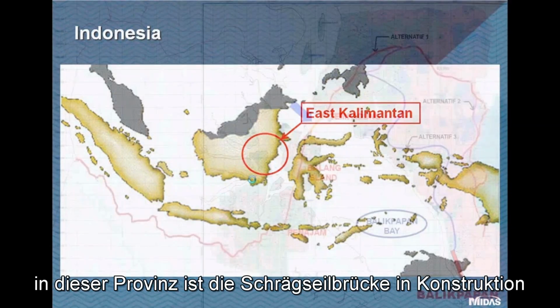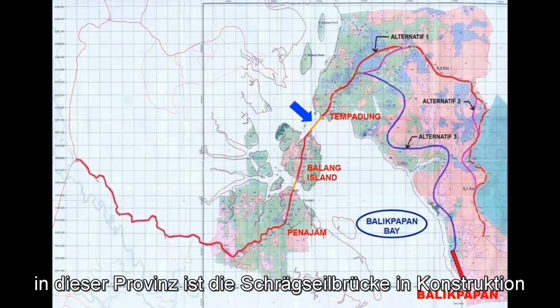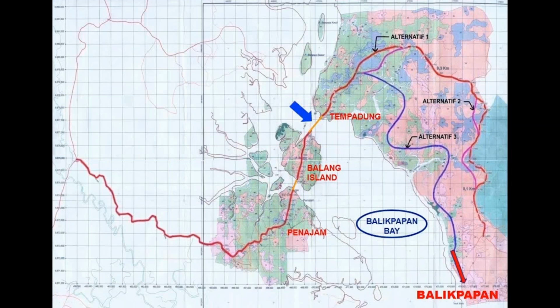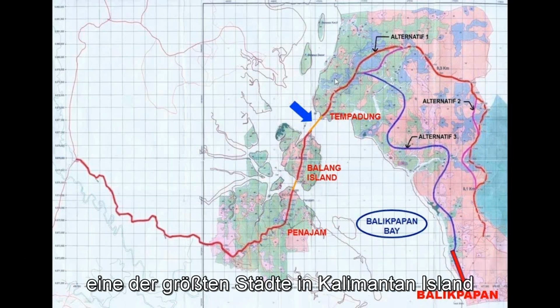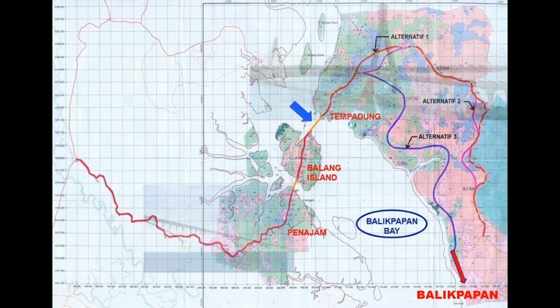In this province, a long-span cable-stayed bridge is under construction in the area of Balikpapan Bay, crossing Balang Island near the city of Balikpapan, one of the biggest cities on Kalimantan Island.